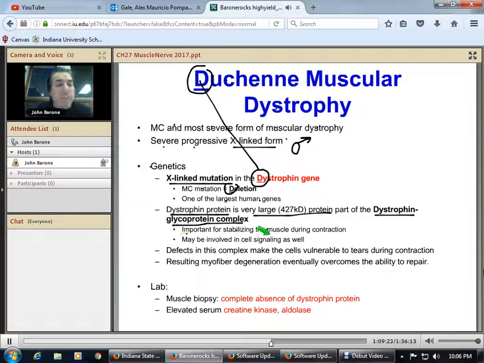They're going to break apart because they're not all connected properly. So let's repeat, this is important for stabilizing the muscle during contraction because it attaches the actin to the membrane. All right, so this is not good. It's also probably important for signaling from the outside environment too. So it probably plays more than one role. But for the exam, structural protein, structural protein.